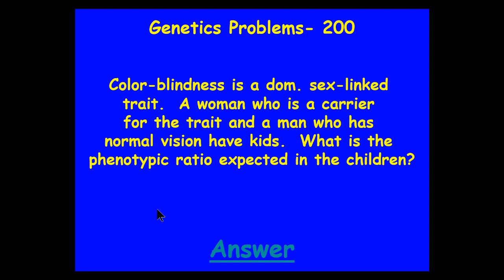Okay, so. All right. Woman's a carrier. Man has normal vision.